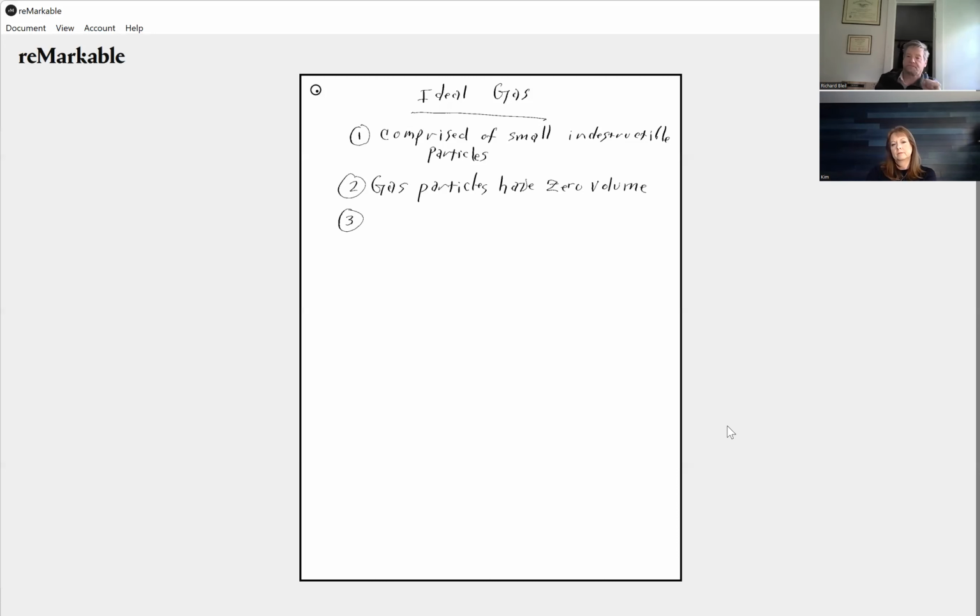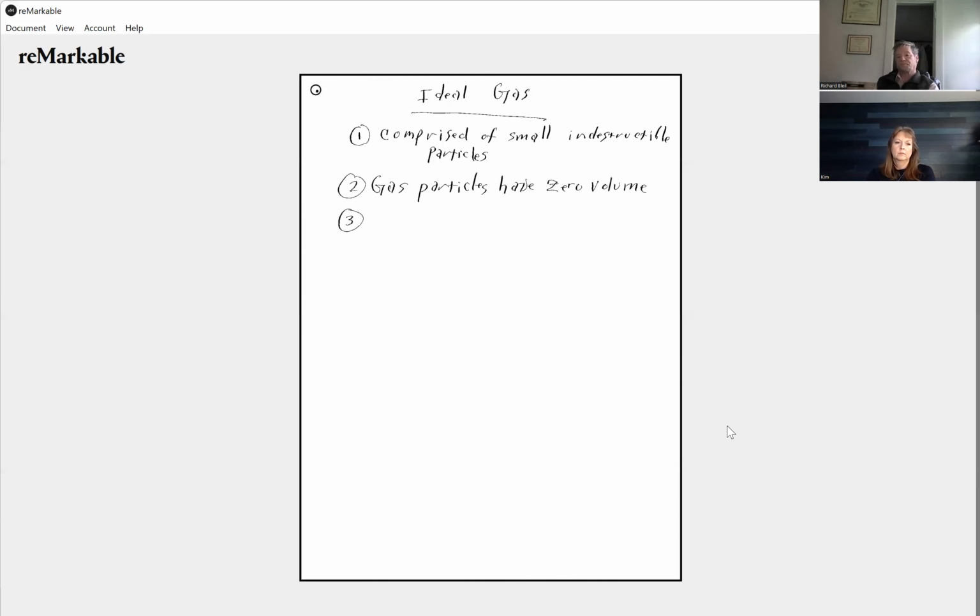The truth is that the volume of our gas particles compared to the volume of the container is usually so small that it's negligible. This is where the ideal gas law will sometimes fail, usually under very high pressures, which means you have a lot of gas particles compared to the volume. They're compressed so tightly that their volume kind of matters.